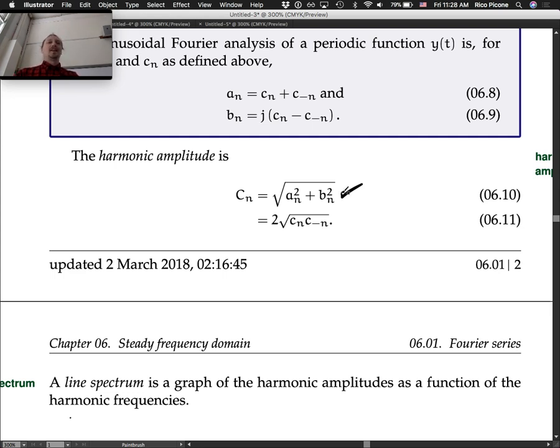All the ANs are 0 and the BNs, some of them are 0. But we want this. So when all of the ANs are 0, this is just the square root of BN squared, which is just the absolute value of BN.